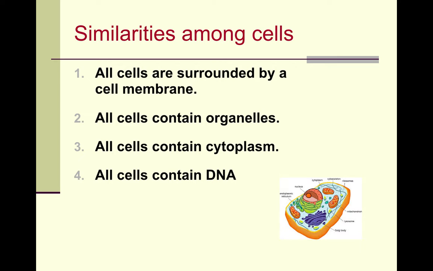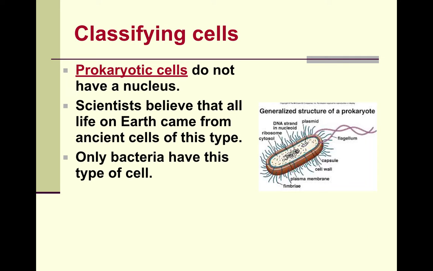All cells are surrounded by a cell membrane. All cells contain organelles. All cells contain cytoplasm. And all cells contain DNA. There are two kinds of cells.